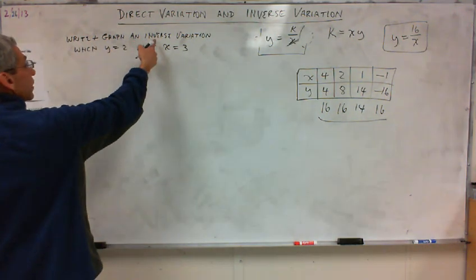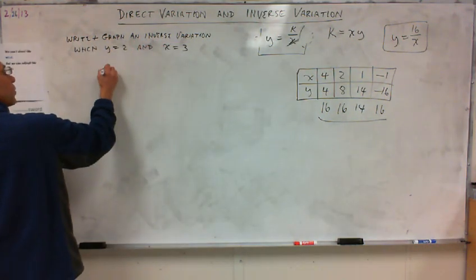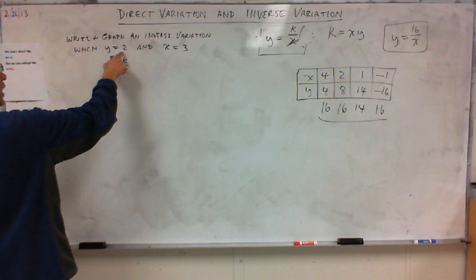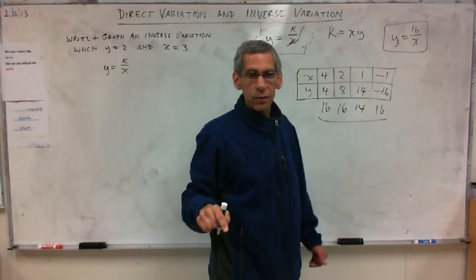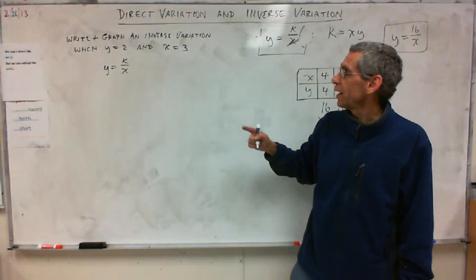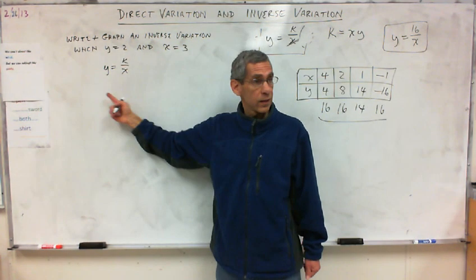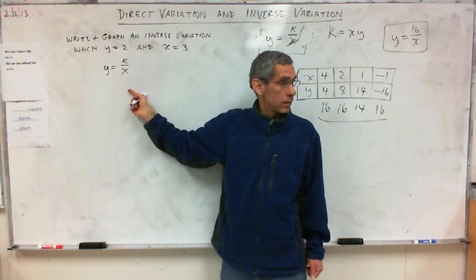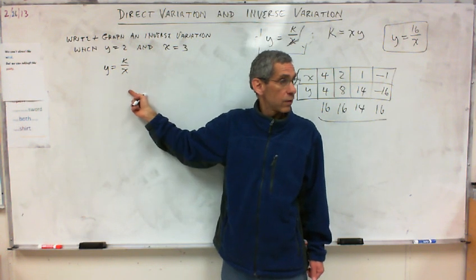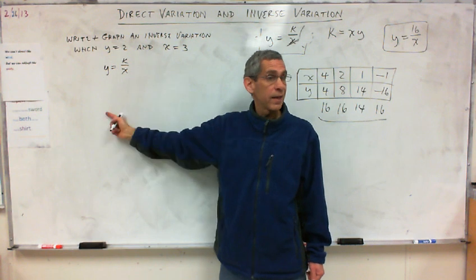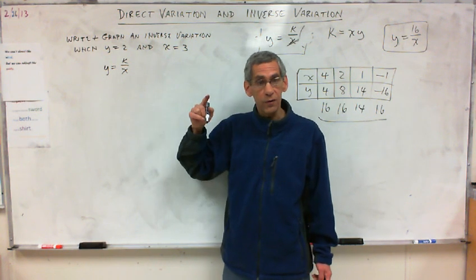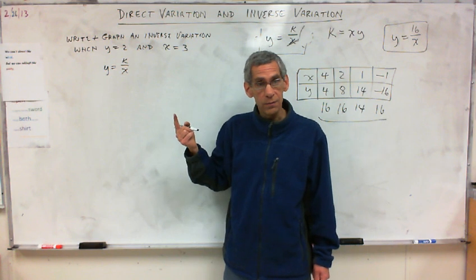It says it's an inverse variation, so I immediately write y equals k over x. Then it says when y is equal to 2 and x is equal to 3. So what do I do with that x and y? Plug it in, to find my k. Once I find my k, I'm going to put it back to x and y, because I'm going to graph a two-variable equation.